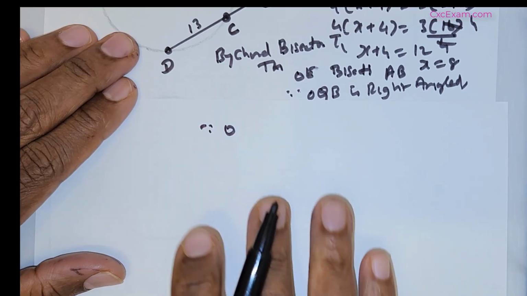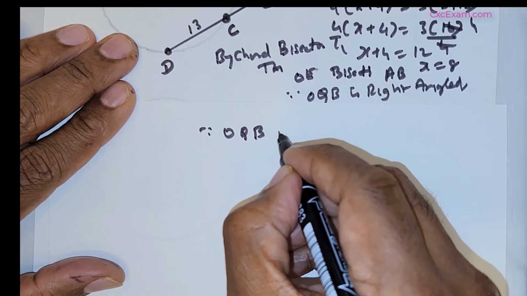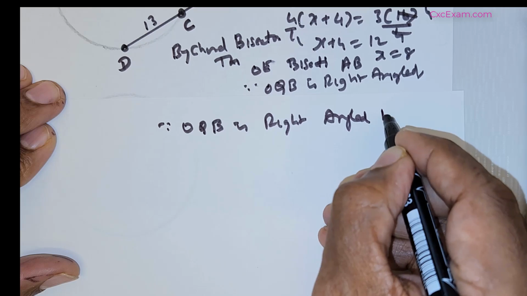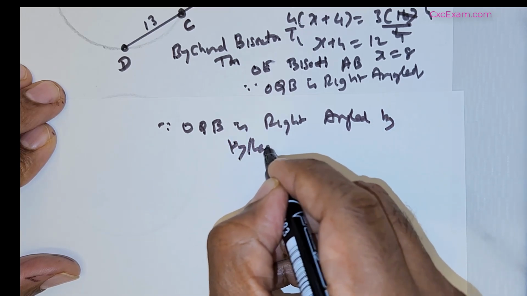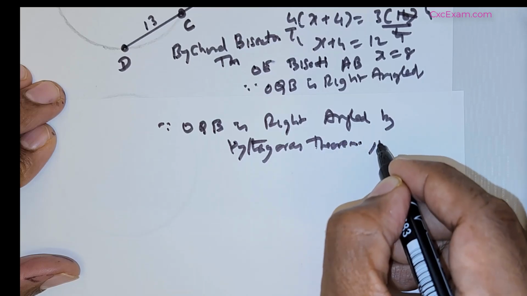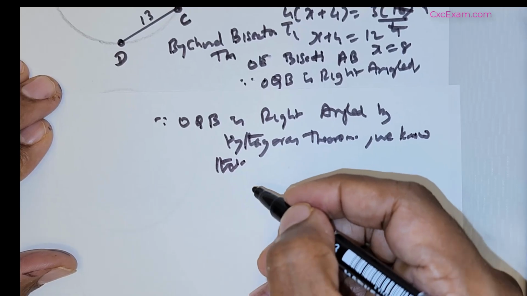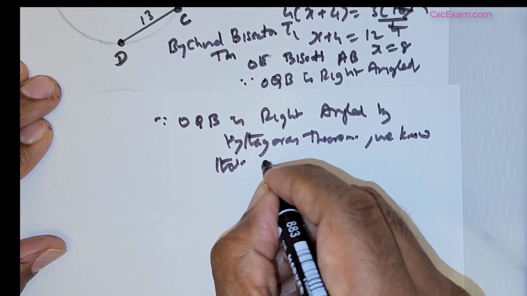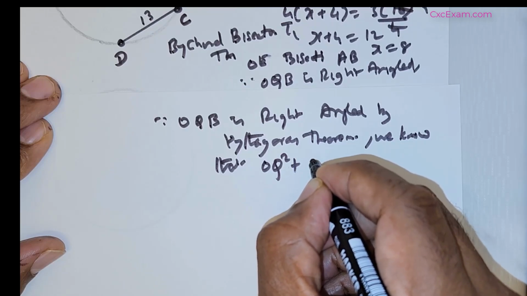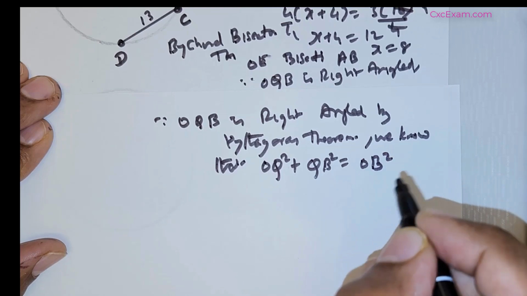Since OQB is right angled, by Pythagoras theorem, we know that OQ squared plus QB squared is equal to OB squared.